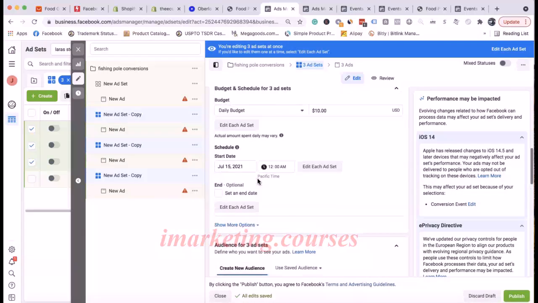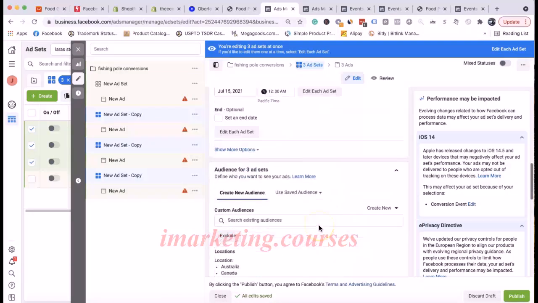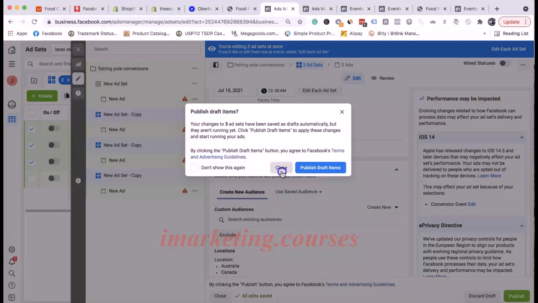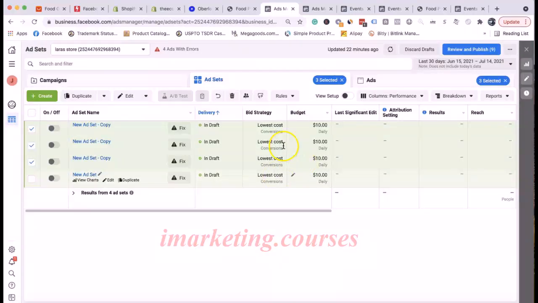You're going to leave everything as is. The only thing you would change is make sure that it's going to be running the next day at midnight so you could spend the full 24 hours for the budget. Once you duplicate it, just keep everything the same, hit publish, okay? And then you're going to let it run for 3 days.